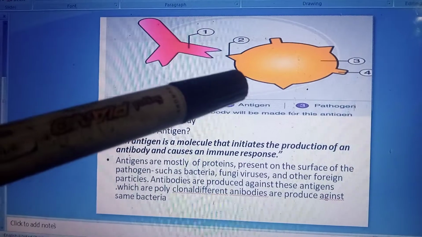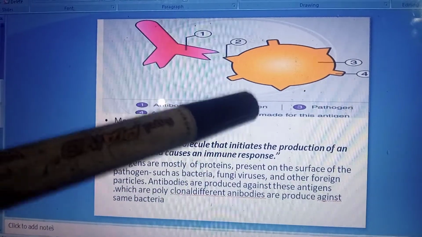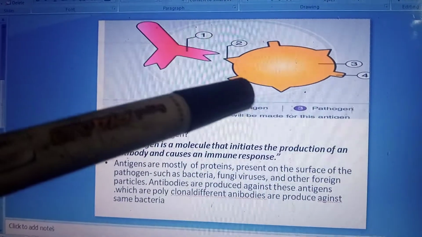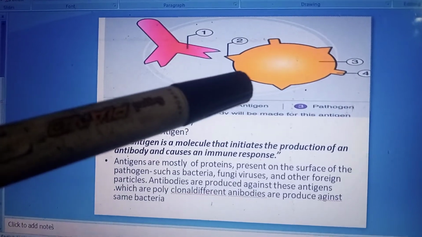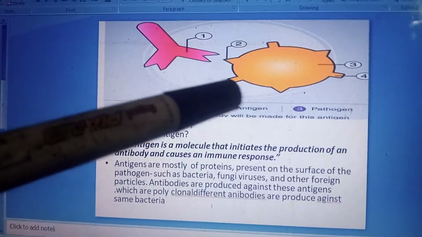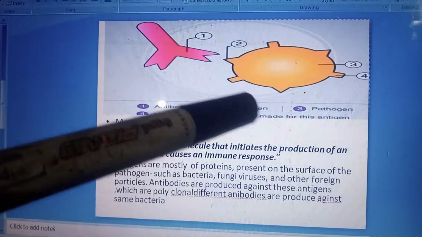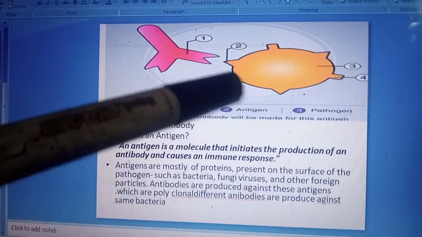So we say that our immune system response is polyclonal. What does it mean? It means that when a bacteria comes into the body, having different antigens, different antibodies are produced against each antigen.